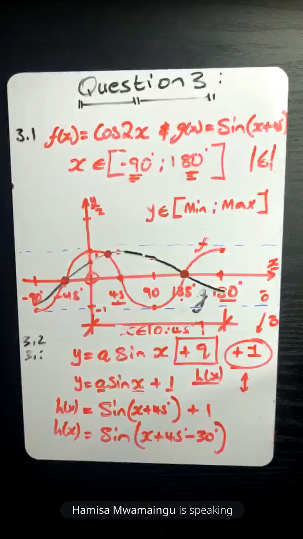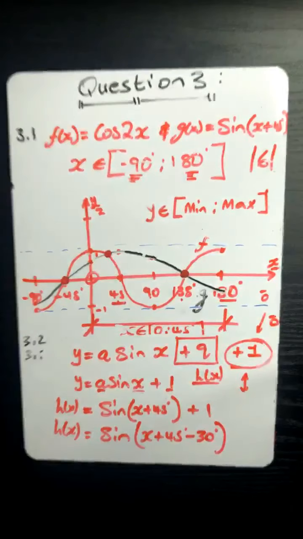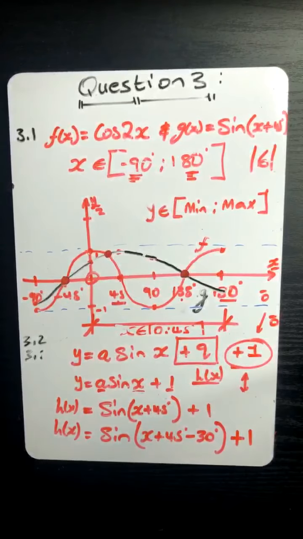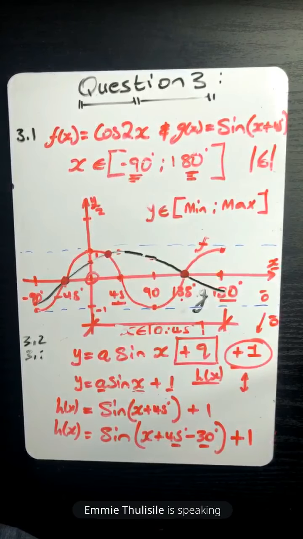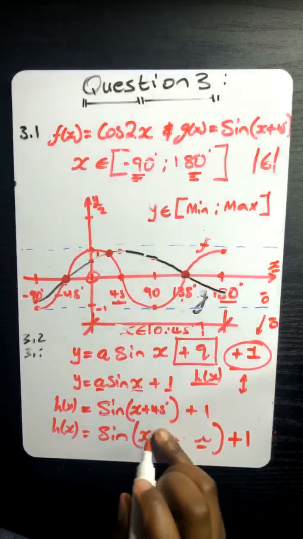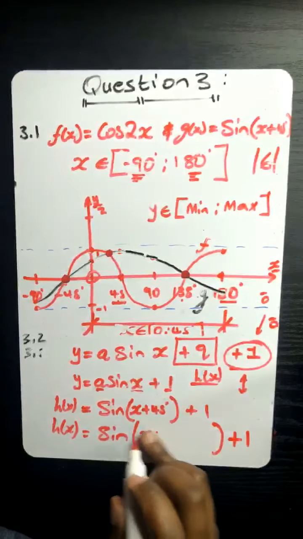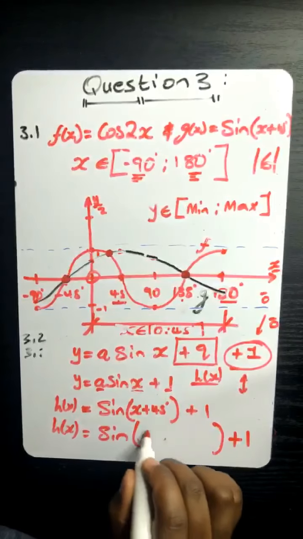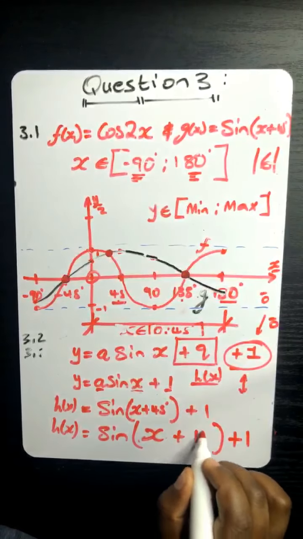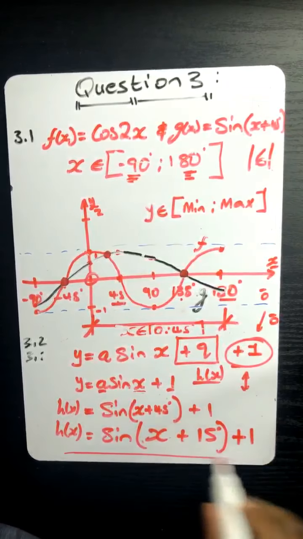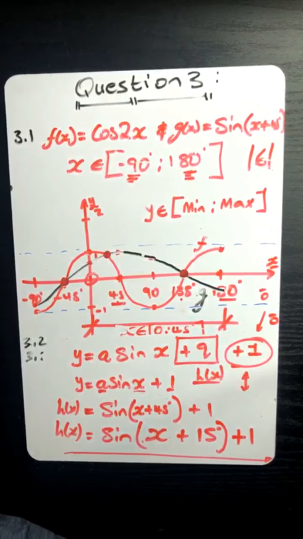Up by 1 unit, which means we shift it by 1 unit upward. What is 45 minus 30? 15. Then in your next step you simplify it, writing it as just sine of x plus 15 degrees, plus 1. This is your final answer, guys. This is exactly what they wanted you to do.